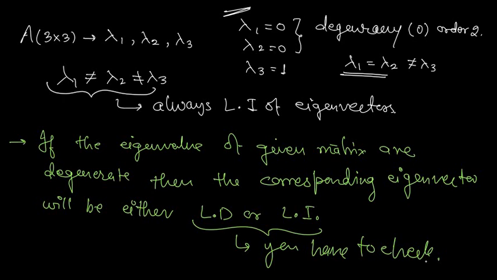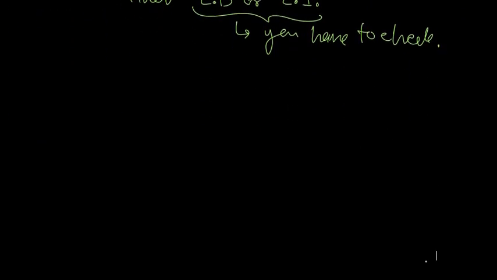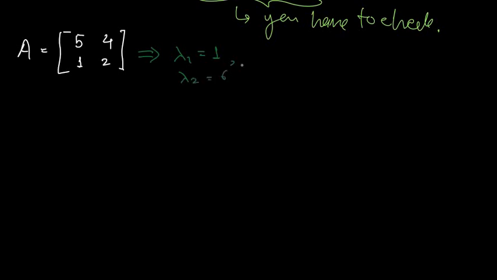So quickly, let's see an example of diagonalization. Let's do a very simple 2 cross 2. Let's say there is a matrix A, with elements 5 4 1 2. You can easily find that the eigenvalues are lambda 1 equal to 1 and lambda 2 equal to 6.